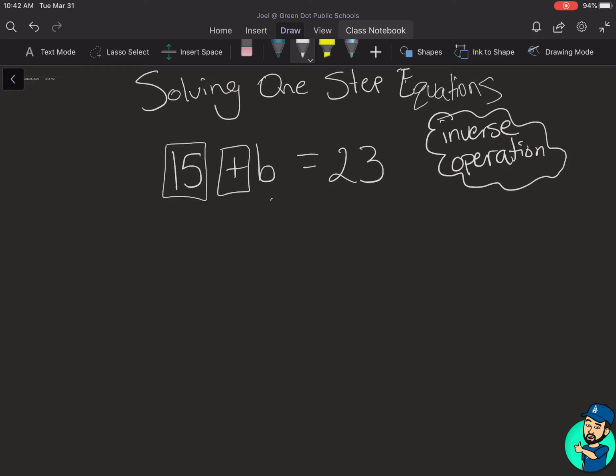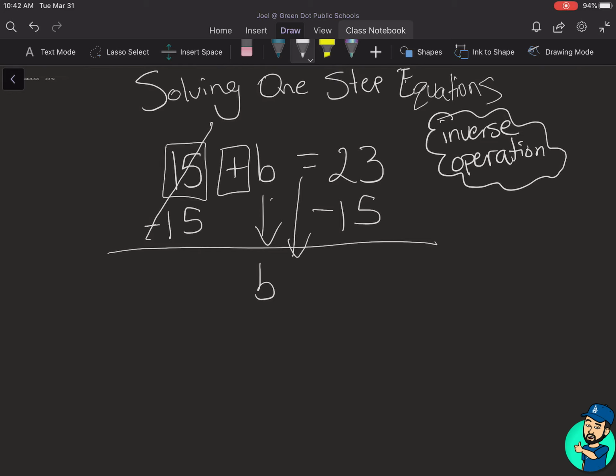It's positive, right? So now you need to apply the inverse operation, which is negative 15. You gotta do that to both sides. Now 15 minus 15 is 0, so I just cancel it out. I bring down the b, I bring down the equal sign, and 23 minus 15 equals 8.